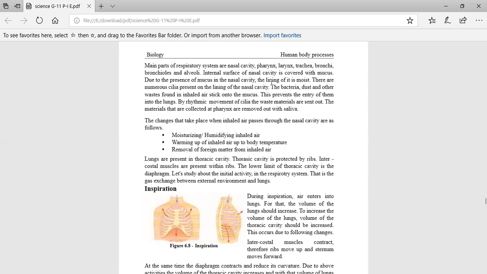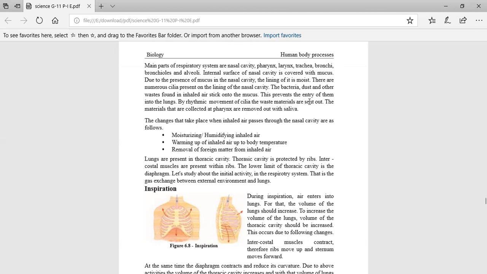It can moisten the area, and there are numerous cilia present in the lining of the nasal cavity. The bacteria, dust, and other waste found in the inhaled air stick to the mucus. Right? That is the function of mucus.